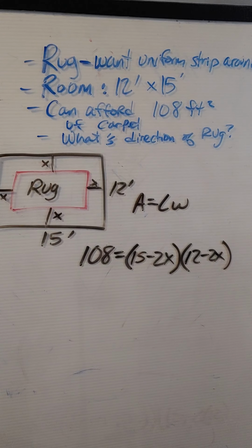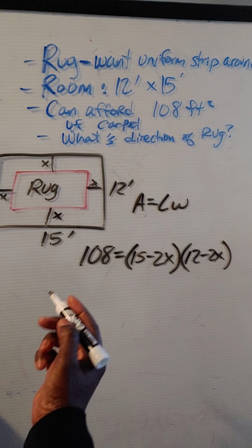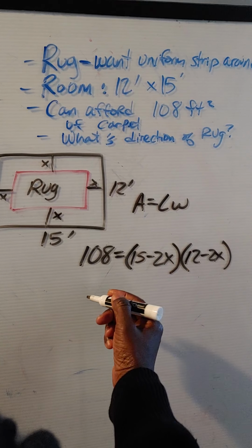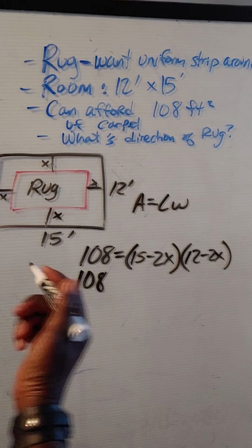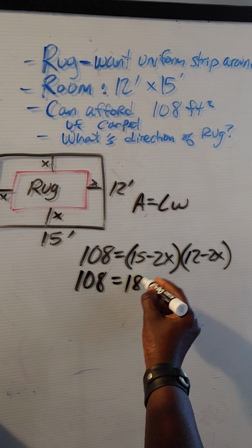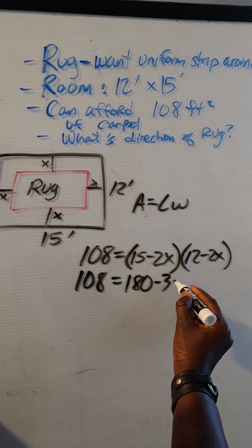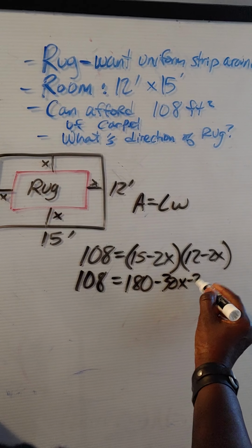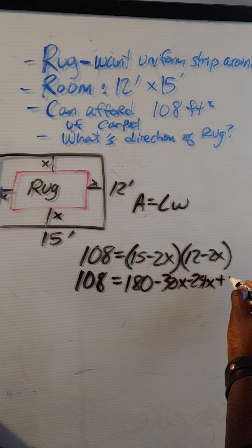Then we're going to multiply, and you may pause this video and multiply that out. Hopefully you've done that for yourselves, but using the distributive property, I have 108 equals 15 times 12, that's 180, minus 30x, minus 24x, plus 4x squared.